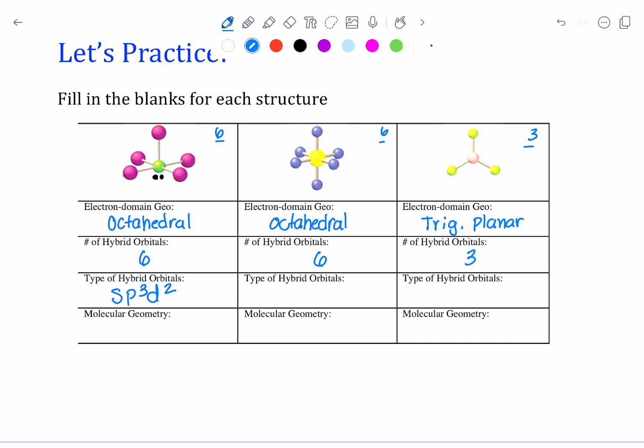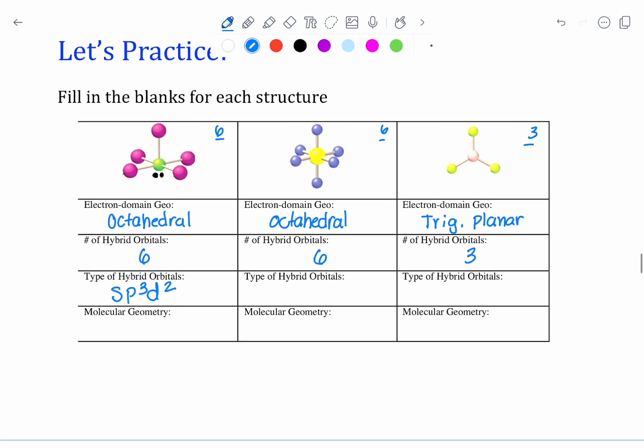Add up those exponents and they equal 6, for 6 electron domains and 6 hybrid orbitals. The same goes for our second structure here, sp3d2. The lone pairs versus bonds don't matter. And our last one is 3 electron domains, which corresponds to sp2. Add up those exponents, 1 plus 2 is 3. 3 hybrid orbitals, 3 electron domains.